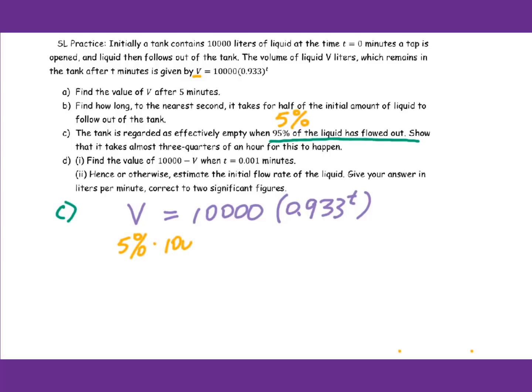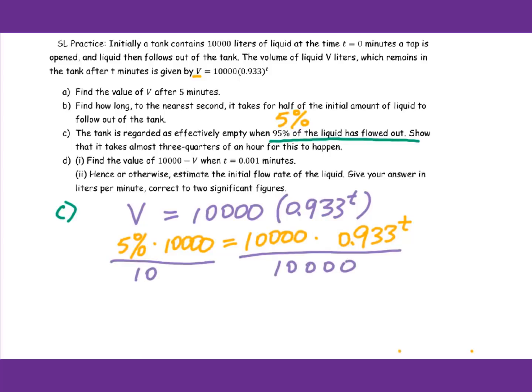So for this V, you will get 5% times 10,000. That's V equals 10,000 times 0.933 to the t's power. Still, we need to divide by this 10,000 on both sides. You will get 0.05 equals 0.933 to the t's power.